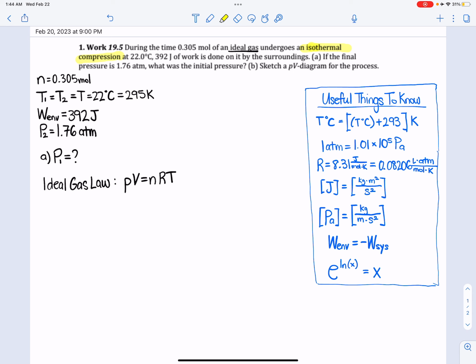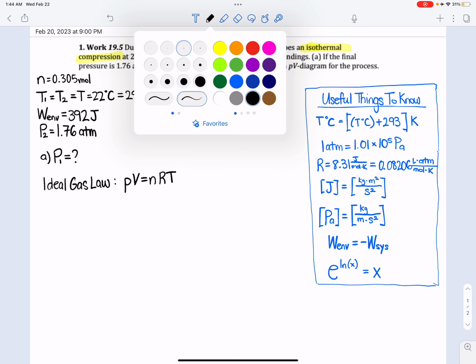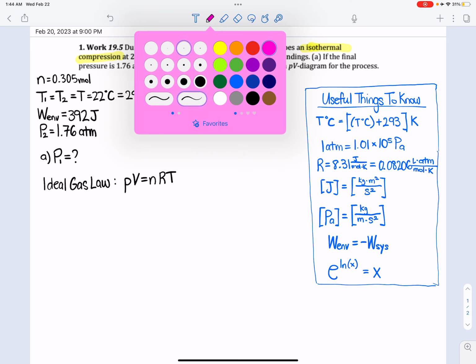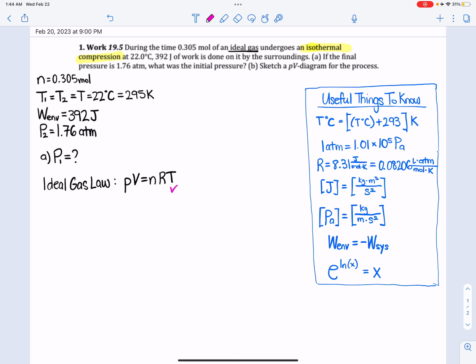It's isothermal, so I know that temperature is constant. R, that's always a constant, that's this guy. And then moles, that's 0.305, that's going to be constant. So everything on the right side of the equation is constant.